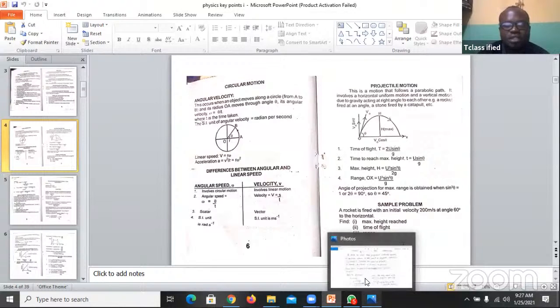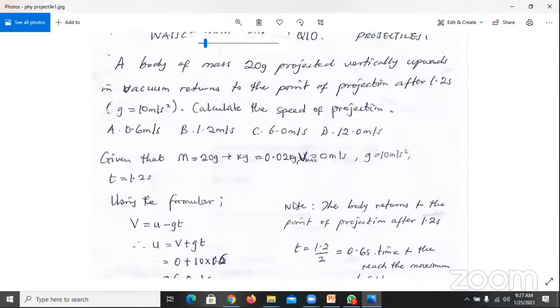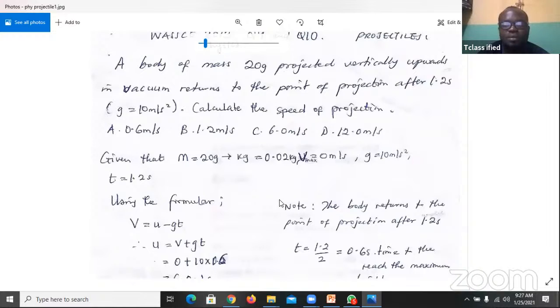So whether they mention it or not, when you're doing your calculation, you have to take note.